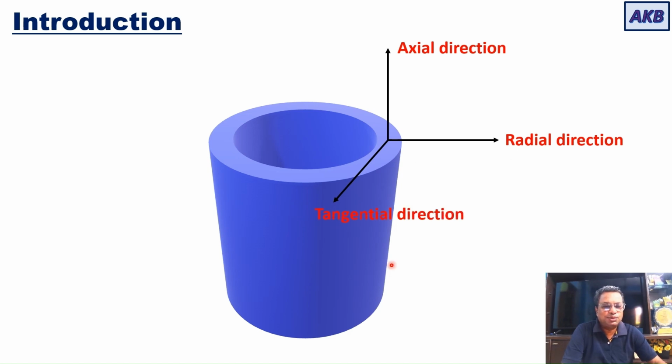As we understood, in each of these three directions, you have one component of the stress. In the axial direction, you have axial or longitudinal stress, sigma A. In the radial direction, you have radial stress, sigma R. And in the tangential direction, you have tangential or circumferential stress, which we denote by sigma C.